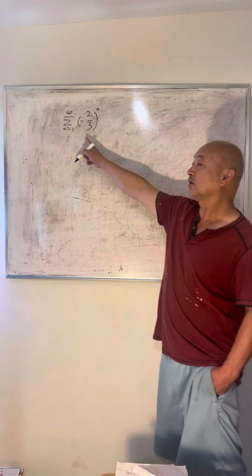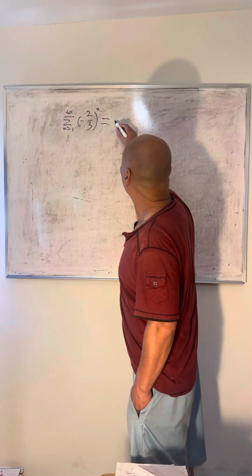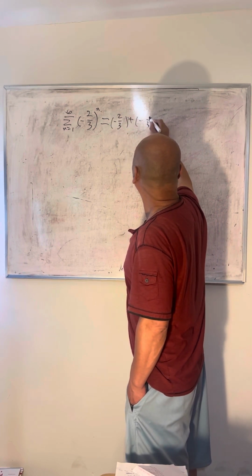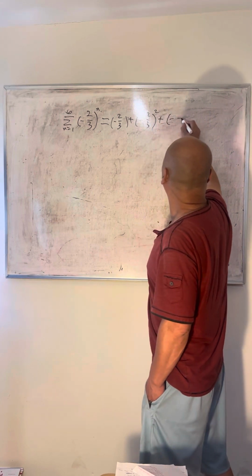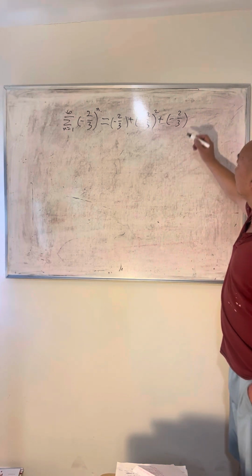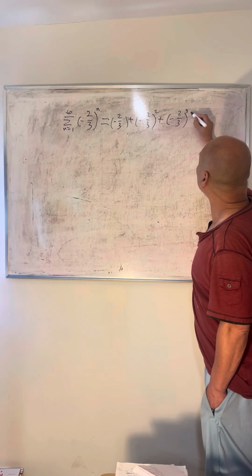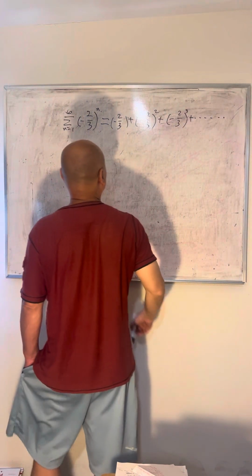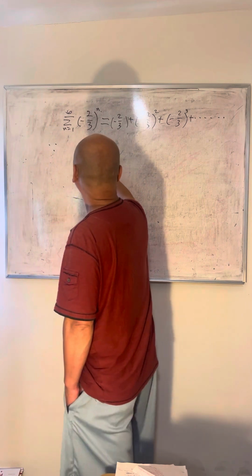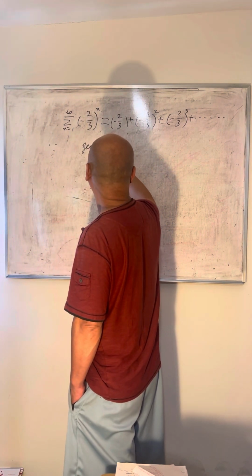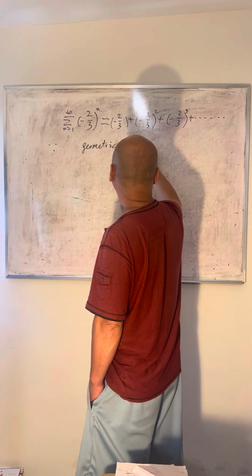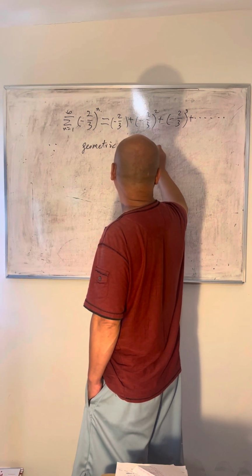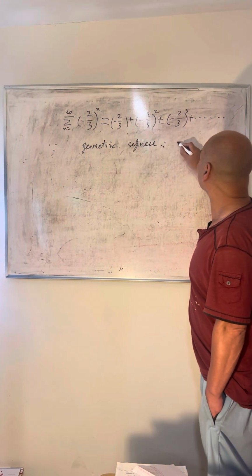I can see that this is a geometric sequence. When n is 1, it means negative 2/3, plus negative 2/3 to the second power. It is a geometric sequence with common ratio.